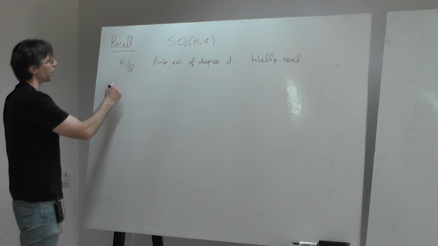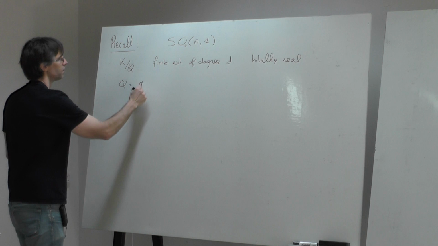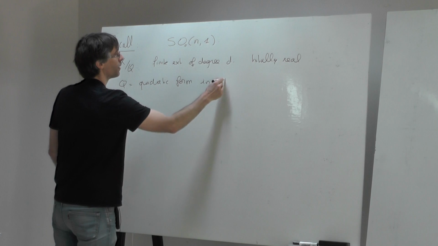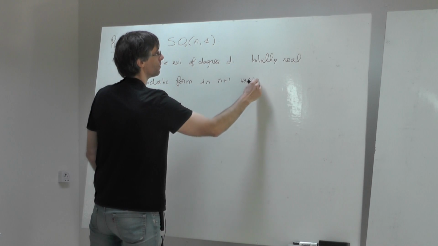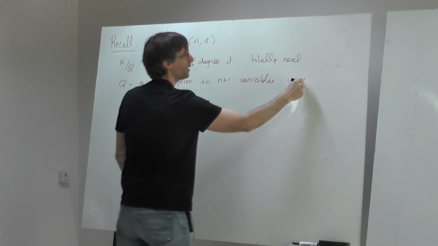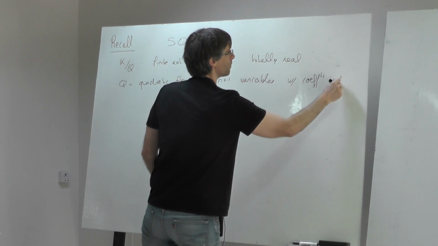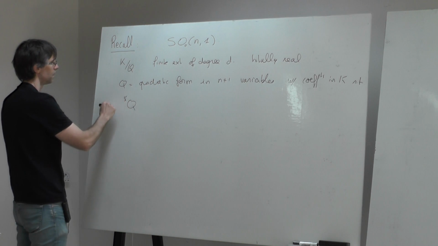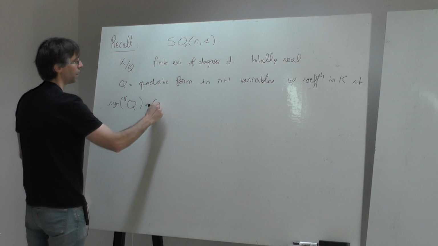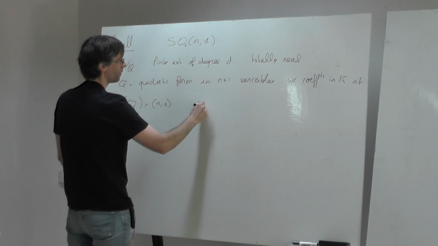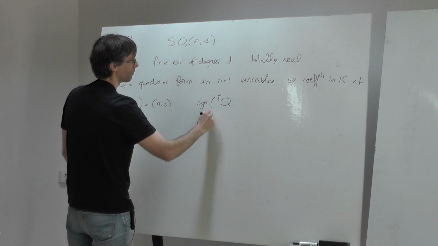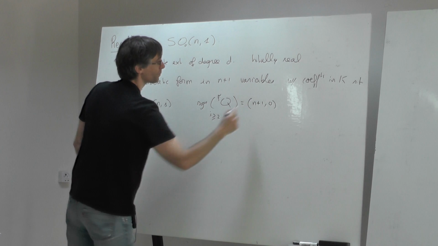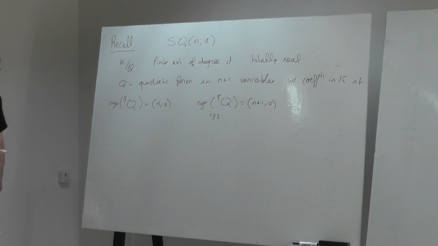And we have considered a quadratic form, Q, in n+1 variables, with coefficients in K, and such that for the first embedding the signature is (n,1), and for all the others, let's say it's positive definite.